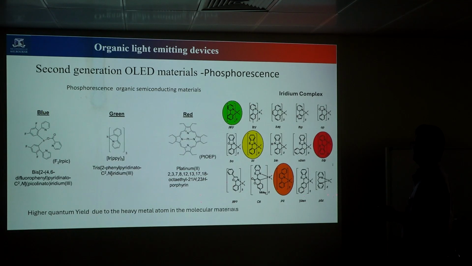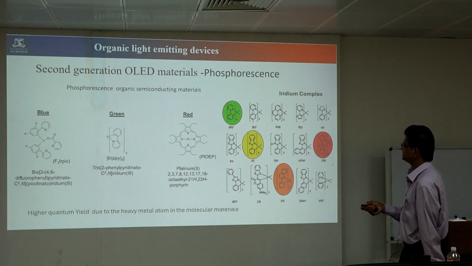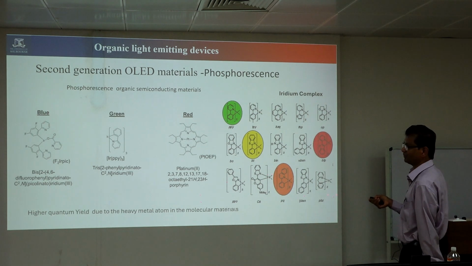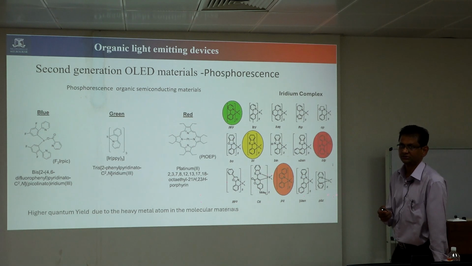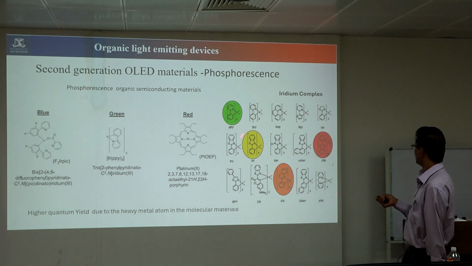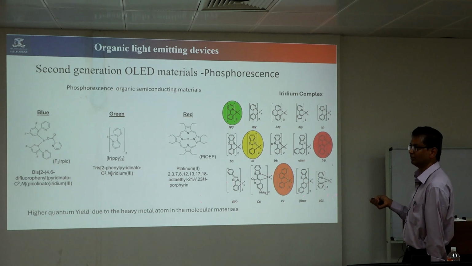Okay. Because the IQE is very low, the second generation OLED was created with phosphorescent films. All these phosphorescent materials involve inorganic elements like iridium, with high atomic number. Mainly these iridium complexes give the phosphorescent materials.